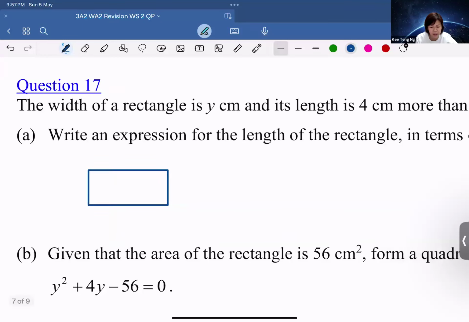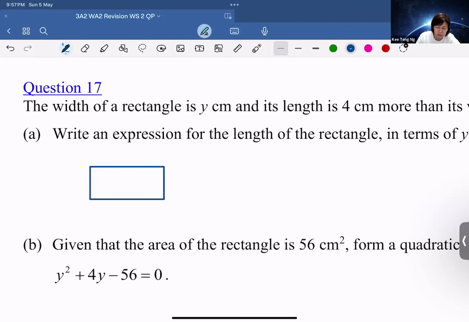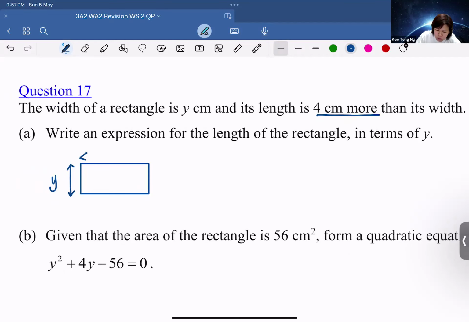The wonders of iPad. The width of the rectangle. Okay, so the width is the shorter one, is y, and its length is 4 cm more than its width. So this one over here will be 4 cm more, right? So this one will be y plus 4.